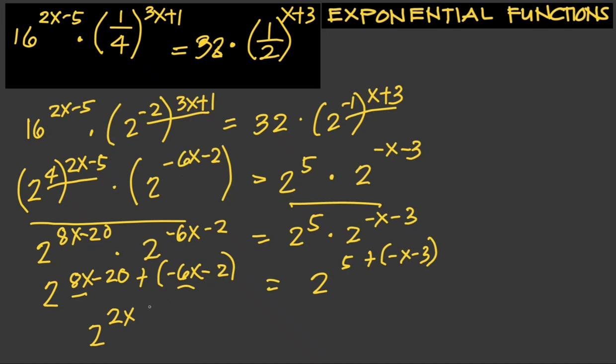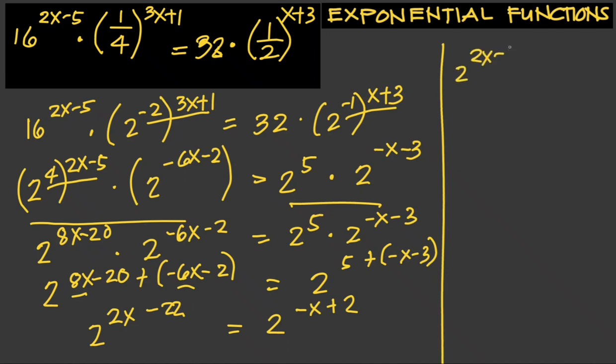Negative 20 minus 2 is negative 22. And on the right side, we group 5 and negative 3. So that is 2 to the negative x, and 5 minus 3 is 2. So that is 2 to the negative x plus 2. Then simplifying further, 2 to the 2x minus 22 is equal to 2 to the negative x plus 2.